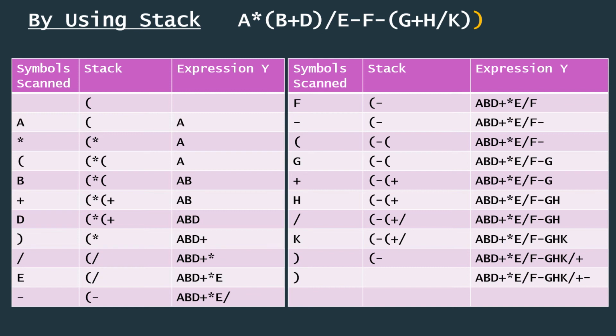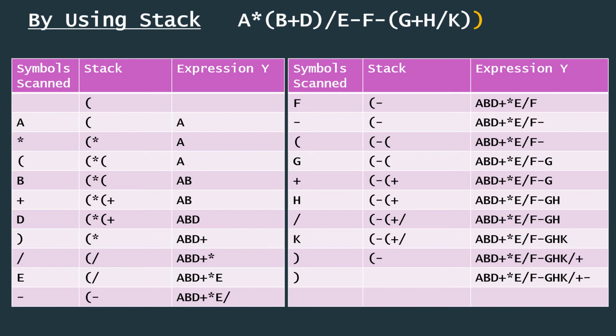Then left parenthesis will go to the stack, and G is an operand that will go to the expression, and the plus operator will go to the stack, H will go to the expression, and division will go to the stack. Here the division operator can be placed because the previous operator is plus, and division has higher priority than the plus operator, so we can directly place it in the stack.